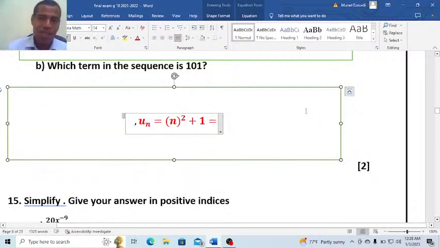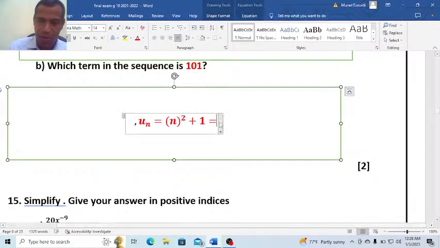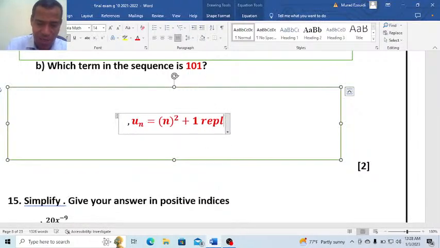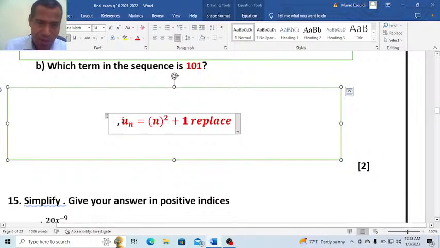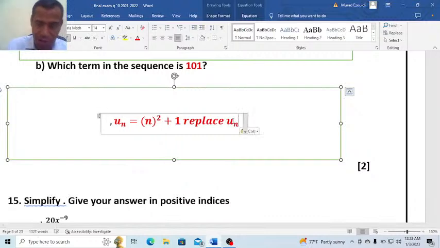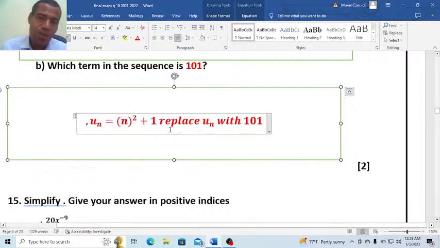Now the question is to find n such that Un is 101. Here it's easy. You are going to write that. So just replace Un with 101.